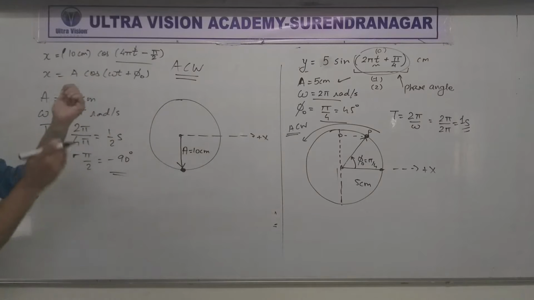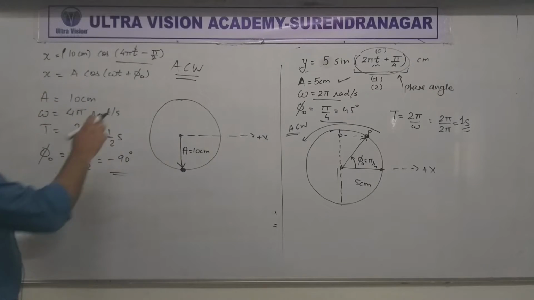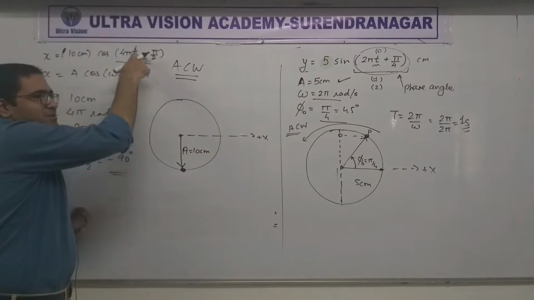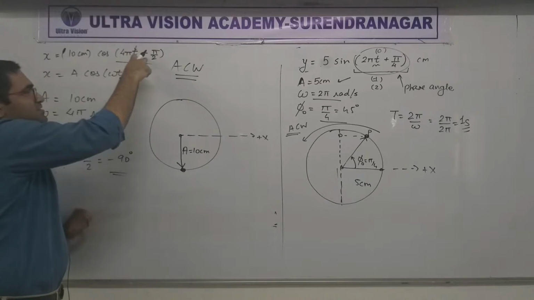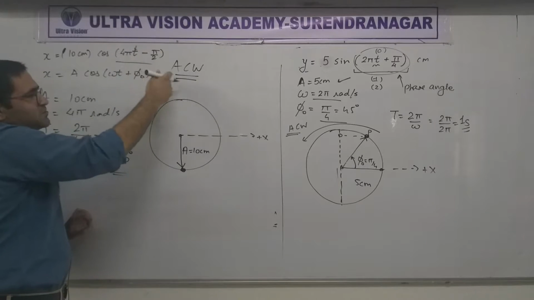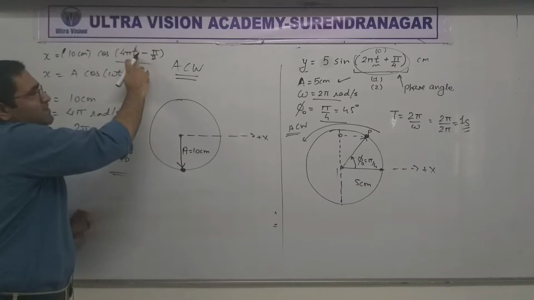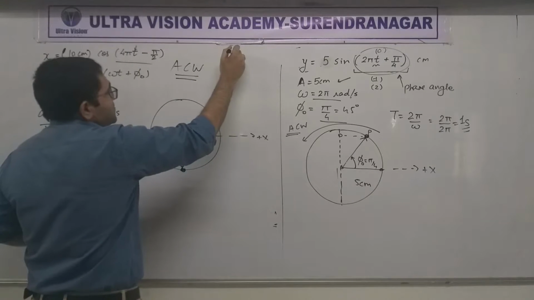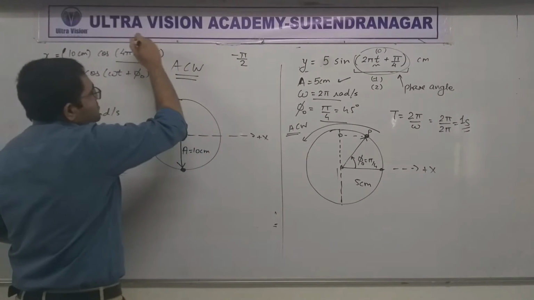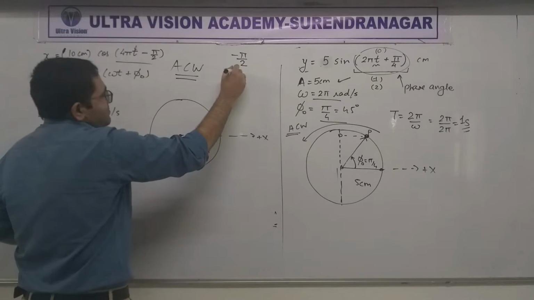Okay. We have taken anti-clockwise not because of this minus sign, everyone. How do I know it's going to turn anti-clockwise? Simple idea. As time increases, suppose you put time as 0, you get angle minus pi by 2. You put time as 1, you get angle 7 pi by 2.